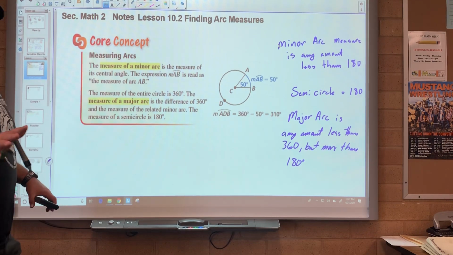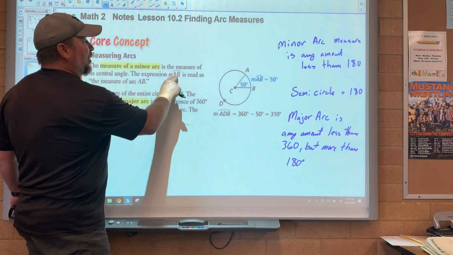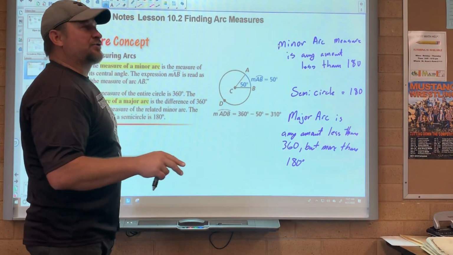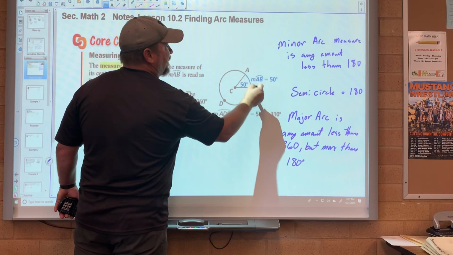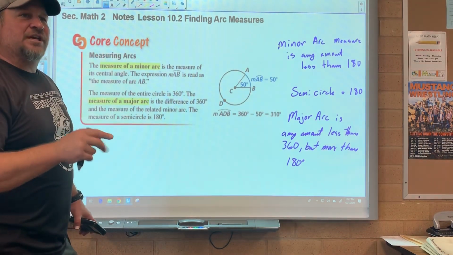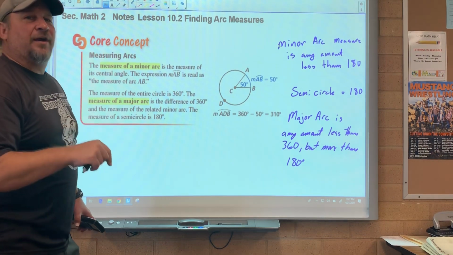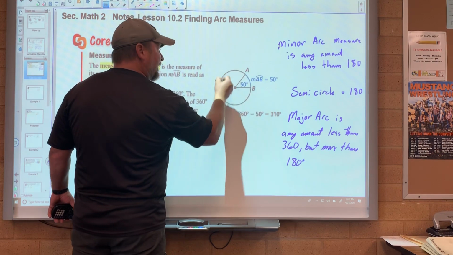Well, I'm going to teach you how to know which way you're going. If they ever give you two letters on an arc, sometimes kids are wondering, should I go this way or this way? If it's two letters, it's always the shortest way there. So AB would just be this way, not going around.